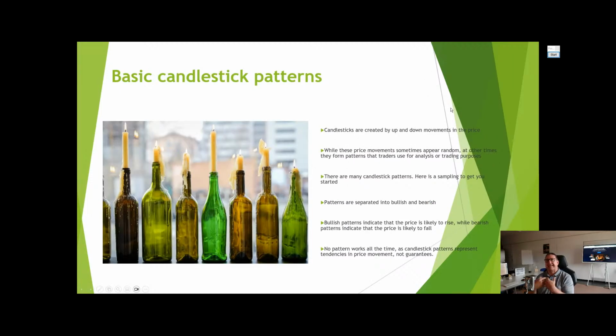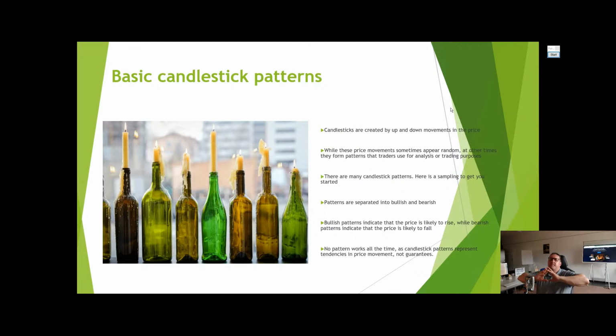So, candlestick patterns. You need to interpret what you see in the chart. Candlesticks are created by up and down movements in the price, no more nor less, as I explained about the order book. While these price movements sometimes appear random, at other times they form patterns that we use for analysis or trading decisions.